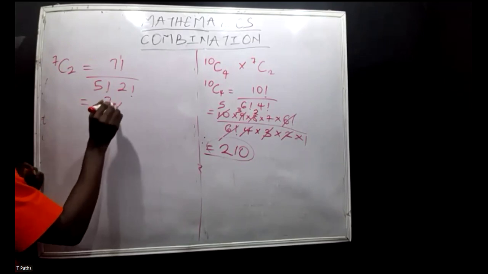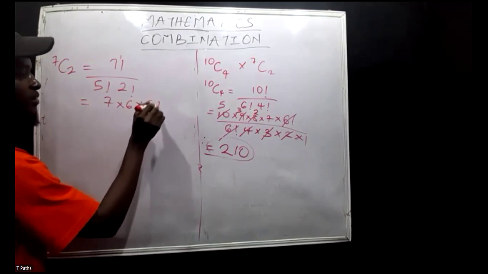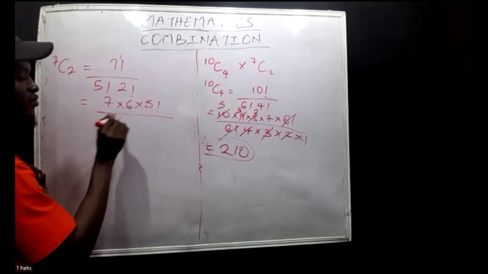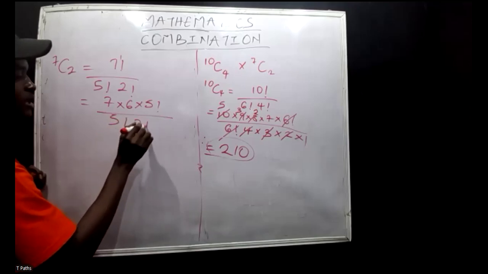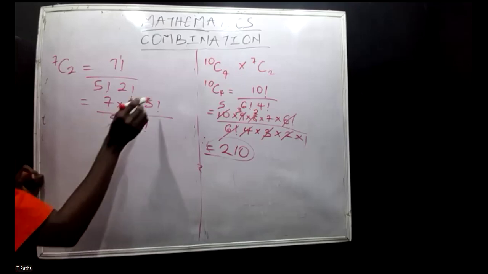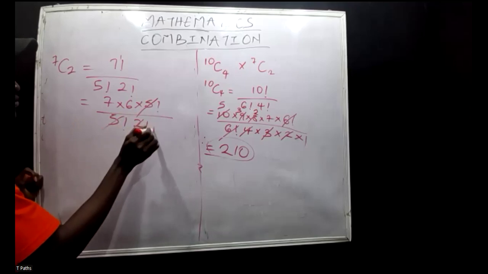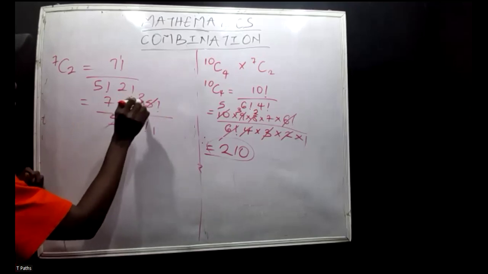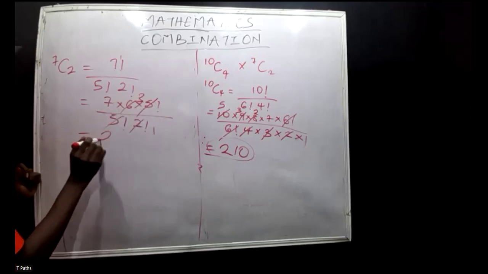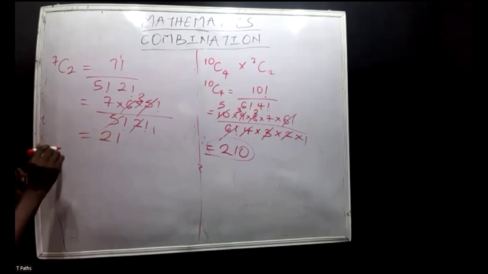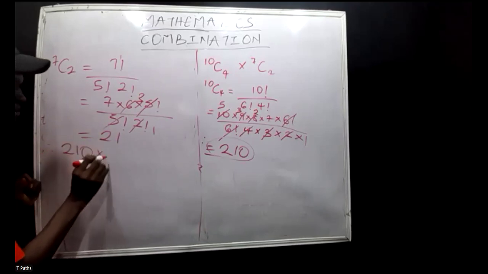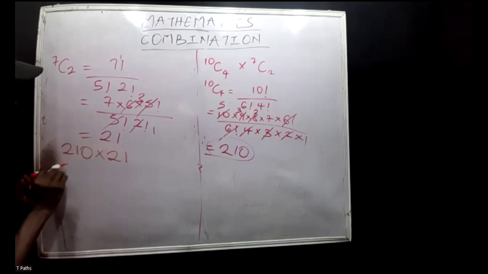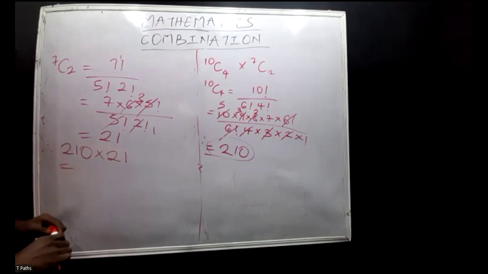Breaking it down, we have 7 times 6 times 5 factorial divided by 5 factorial times 2 factorial. 2 factorial is 2 times 1. 5 factorial cancels 5 factorial. 2 into 6 is 3. 3 multiplied by 7 is 21. So for our final answer, what's 210 multiplied by 21, class? 210 multiplied by 21 is 4,410.